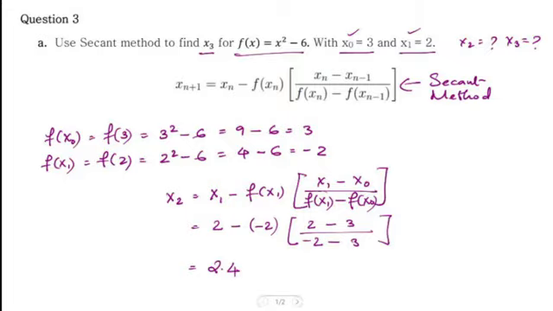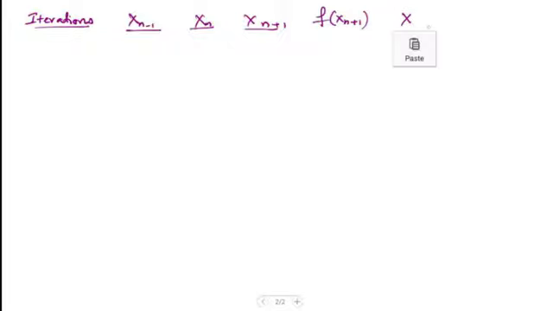Now we can draw a table, where we have first the iterations, and then the x of n minus 1 values, xn values, xn plus 1 values, then f of xn plus 1, and the difference xn plus 1 minus xn.